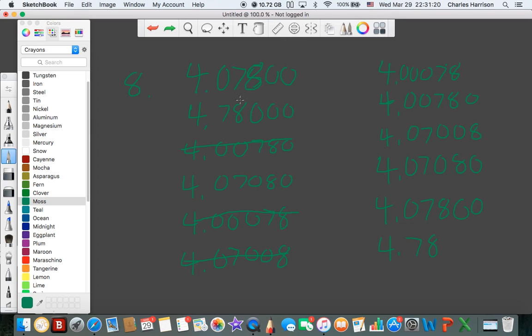Here we go. (9A). What we're going to do is take 14 and 5 sevenths, plus 10 and 2 sevenths.